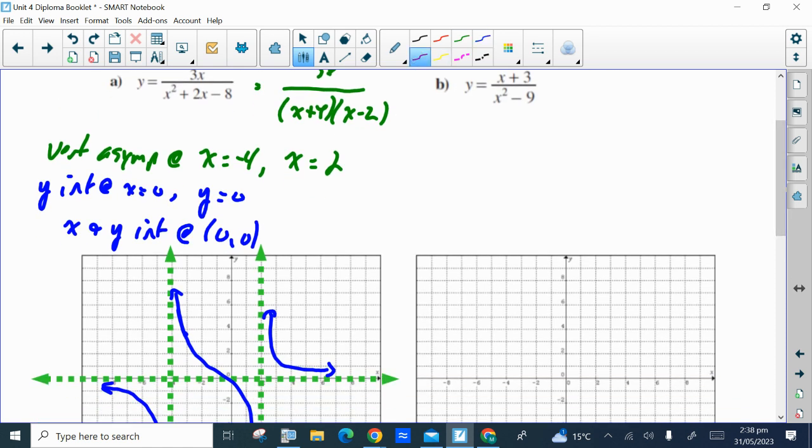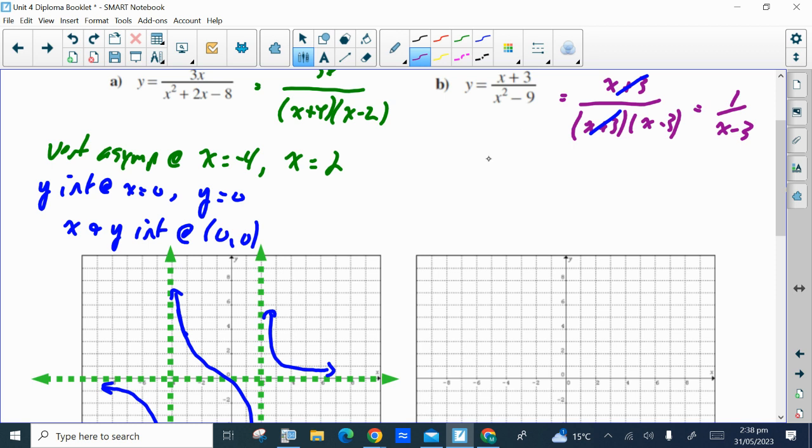For question B, again, in this case, you're going to factor the bottom, which will give us x plus 3, x minus 3. And so in this case, the x plus 3's cancel, and you're left with 1 over x minus 3. Because the x plus 3 canceled, there's going to be a point of discontinuity applied to that.